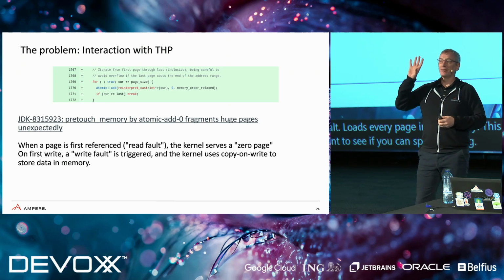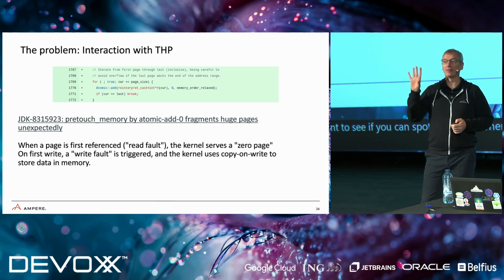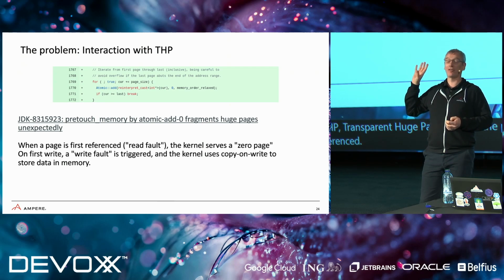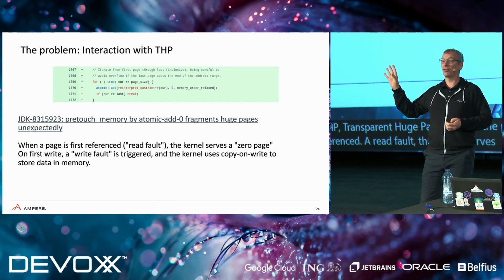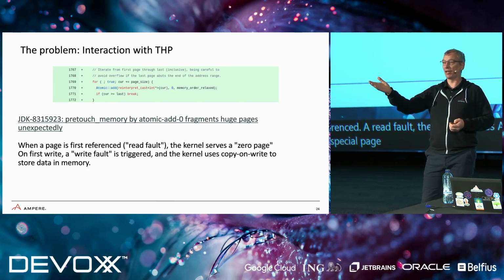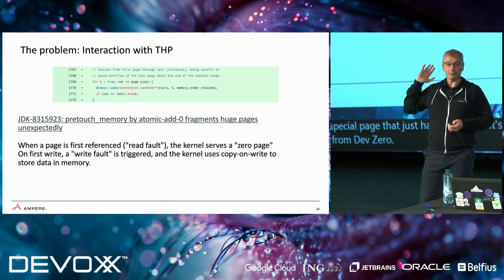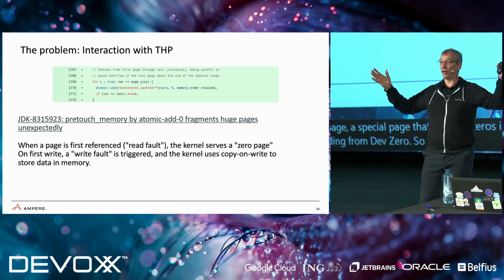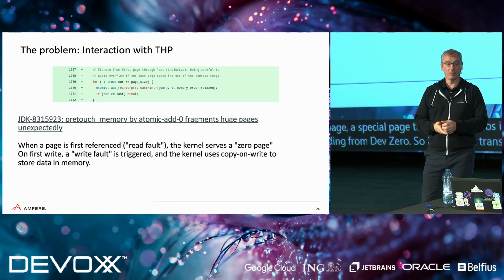When we're using THP, transparent huge pages, when the page is first referenced, a read fault, the kernel serves a 0 page, a special page that just has zeros in it. It's like reading from /dev/zero. So it serves a transparent huge page that's all initialized to zeros.